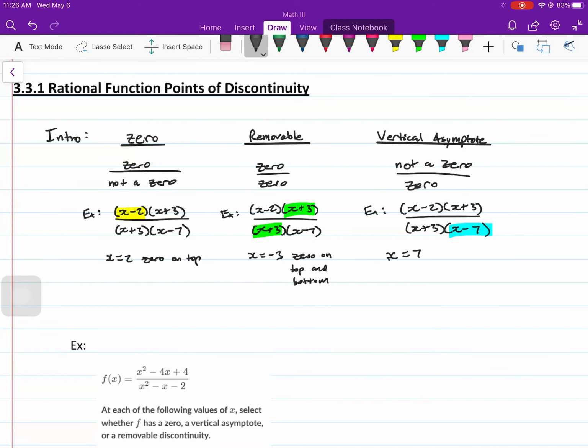So this would be a vertical asymptote. But 7 wouldn't cause any issues on the top, wouldn't cause any zeros on the top. So once again, if you have a 0 on the top but not the bottom, that's just a 0, that's an x-intercept. You can look at the graph above. And then removable is when there's a 0 with both on the top and the bottom for that particular number. And then vertical asymptotes when you have a 0 on the bottom but not the top.